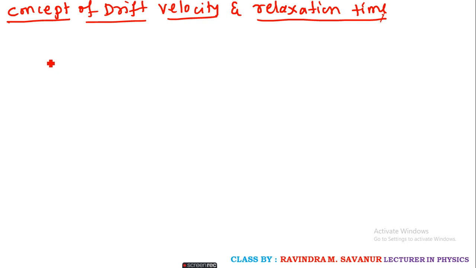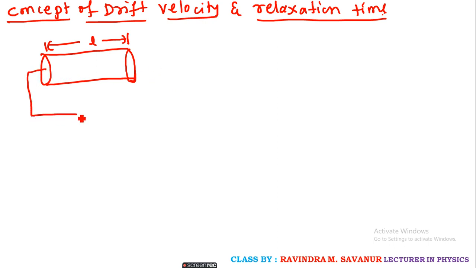Now students, we have taken a conductor which has length L and area A, where A stands for the cross-section area.